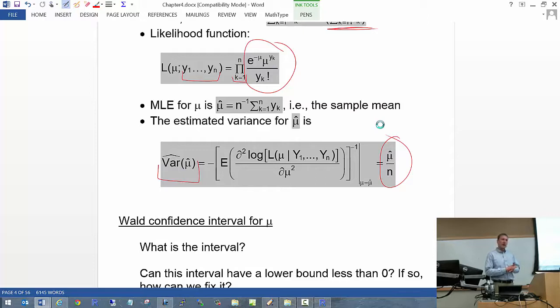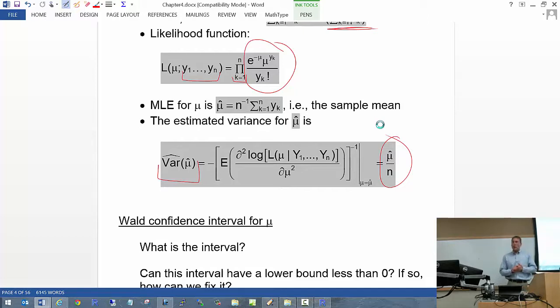What's the approximate distribution for mu hat for a large sample? Normal, yeah. Normal with a mean of mu, and the estimated variance is mu hat divided by n.